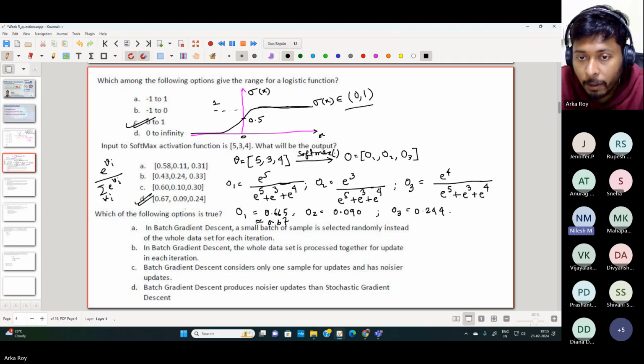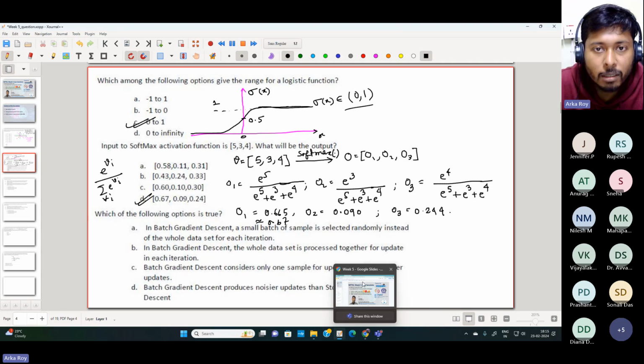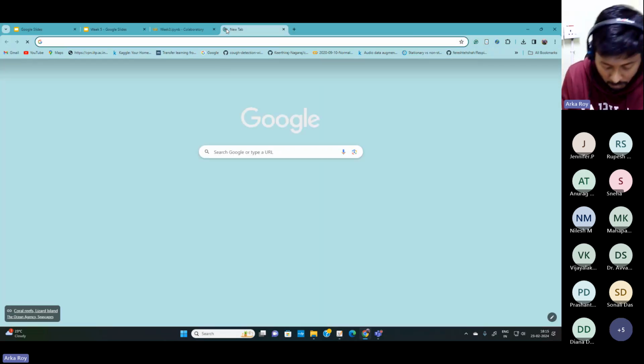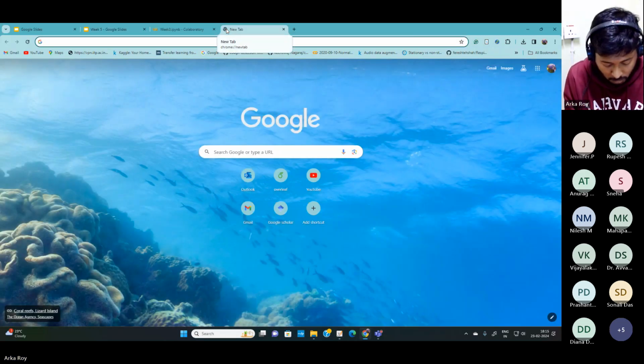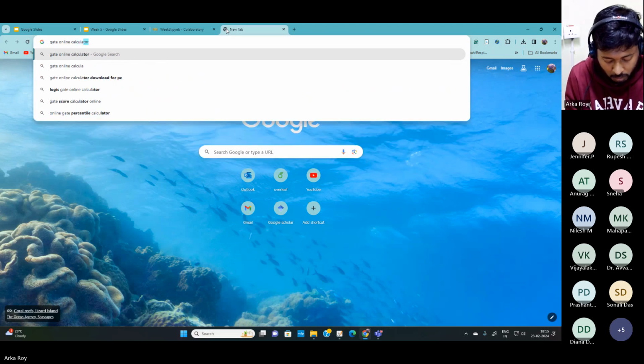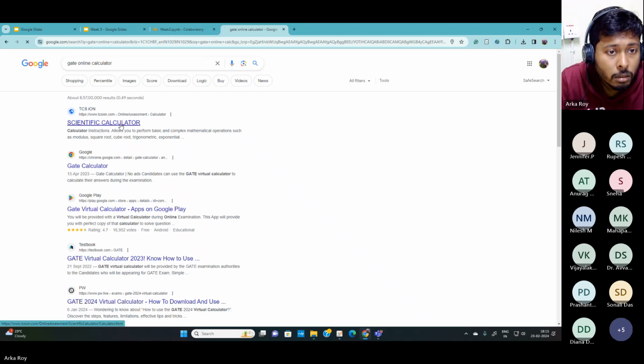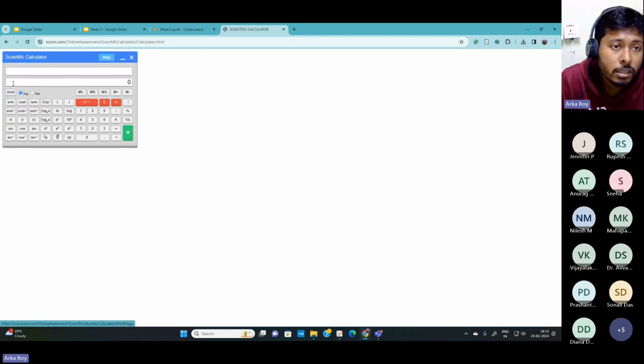Is there any official link to the GATE calculator? Just search it on the web. Even I think in Chrome, this particular calculator you can use.